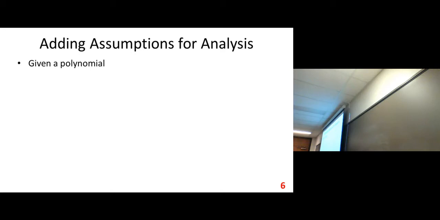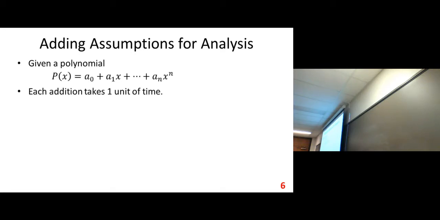So given a polynomial like this, each addition, let's assume, can we assume? Based on the background we have, we can make reasonable assumptions. The first assumption: let's assume each addition takes 1 unit of time. 1 unit, a certain unit.